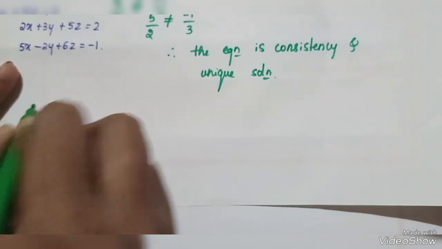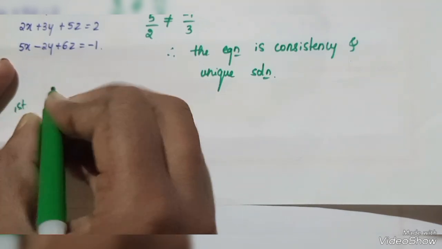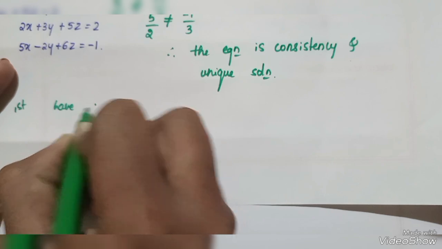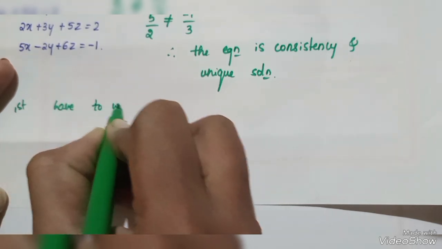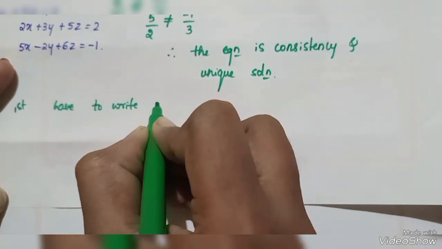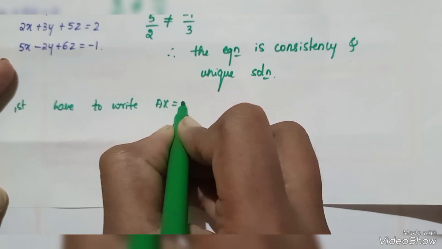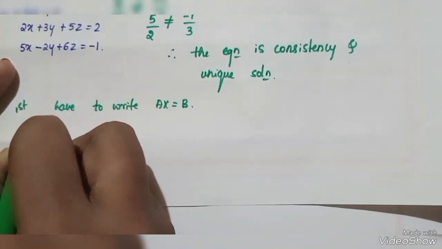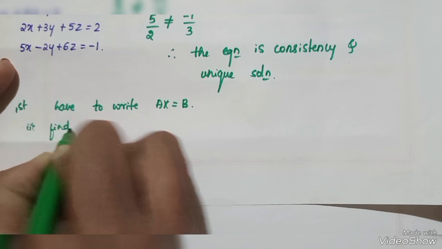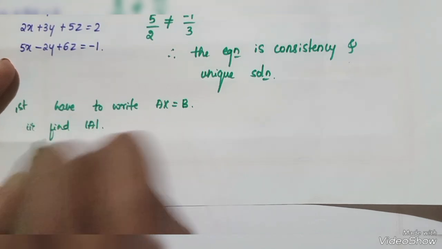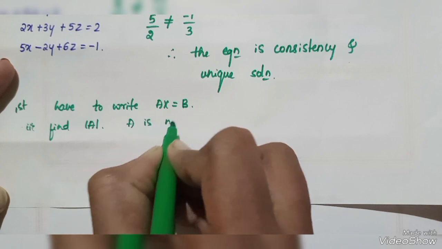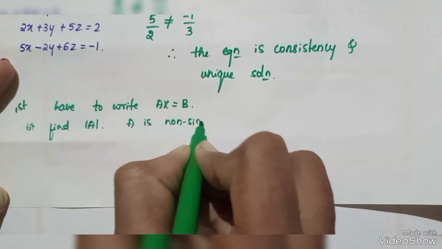First step, write in the form of ax equals b. Then second step, find the determinant of a. Then a is non-singular.